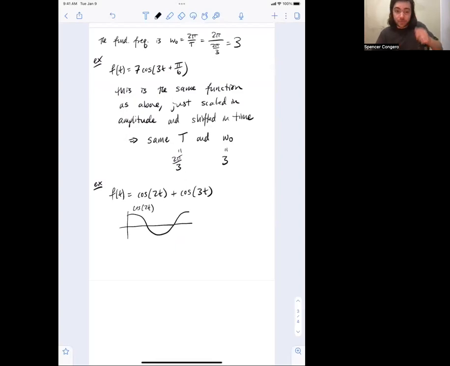Again, we know what the period of this is; we figured it out above for the case of omega naught equals 3. If this is the fundamental frequency, the period is just 2 pi over that. So 2 pi over 2 gives us pi. And let's also look at cosine of 3t. We just found the period of that was 2 pi over 3, which is maybe around there.